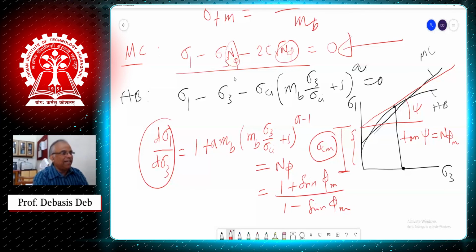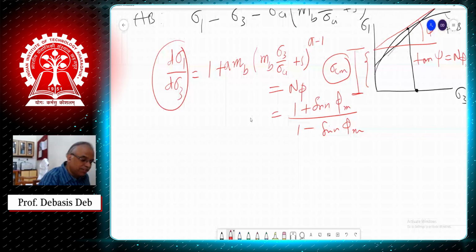I'm not writing it, I'm keeping it for you so that at least you derive that, and calculate sigma cm. When you know this sigma cm, then you know the formula to calculate cm.